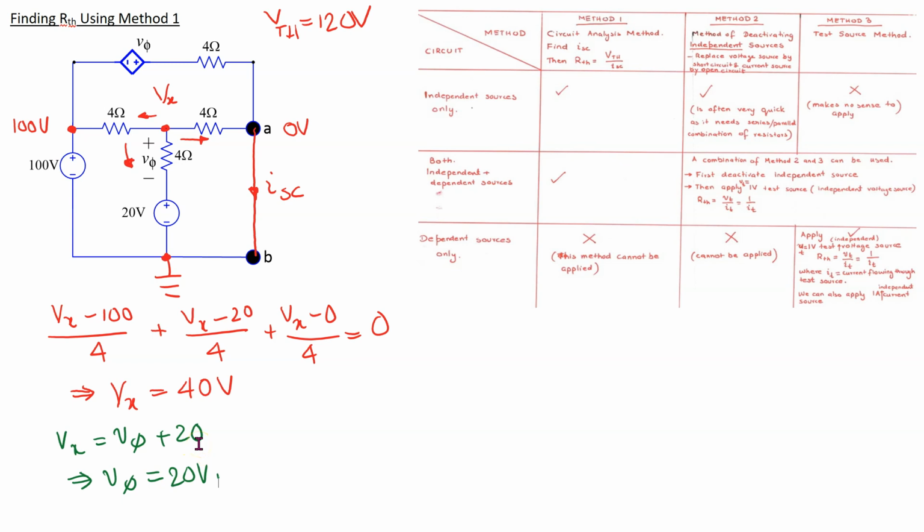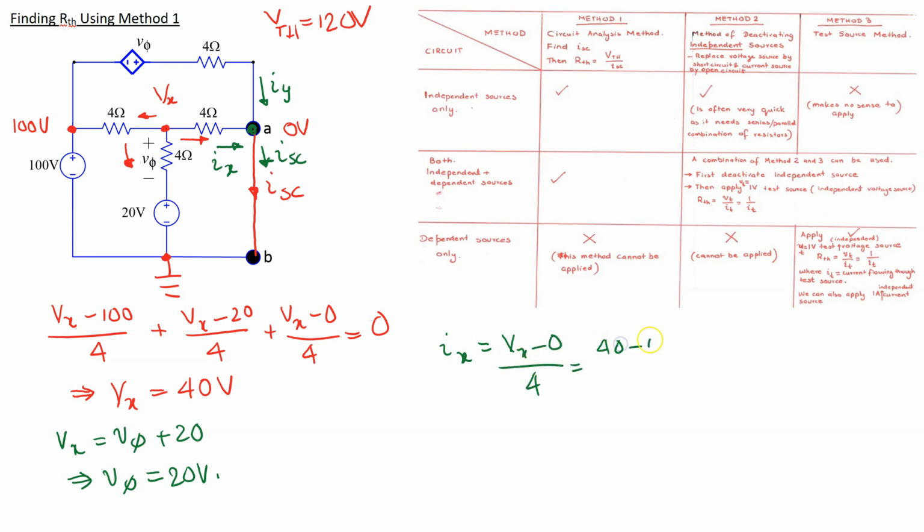Now the node voltage analysis is complete, but we still need to find I short circuit. This can be done by applying Kirchhoff current law to this node. Let's identify two branch currents, Ix and Iy, and this branch current is ISC. Ix is given by Ix is equal to (Vx minus 0) over 4.